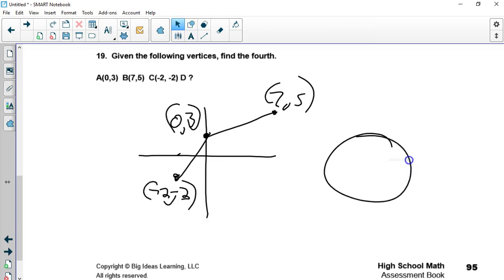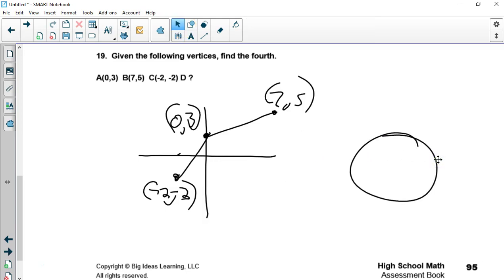So, it's very simple how we do this. Parallelograms have the same slope, opposite slopes, the same. So all we need to do is find the slope of this line right here, and then apply that slope over to the right side. Now, if this was on graph paper, it would be very easy to count. You can kind of count here.